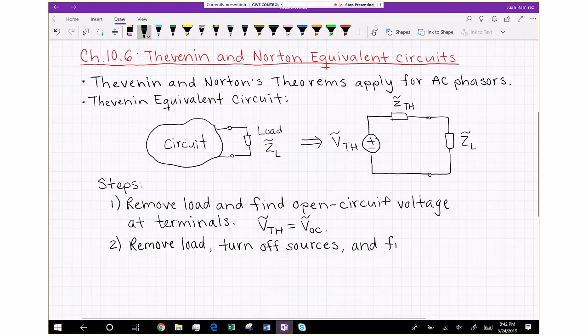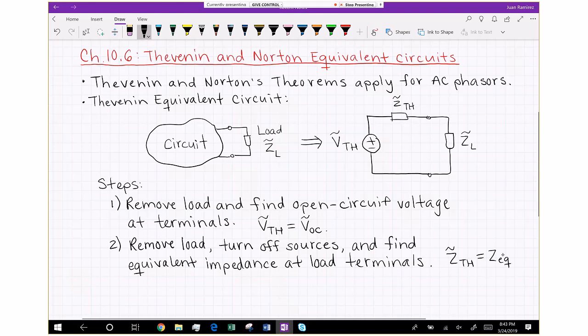And finally, you will want to find the equivalent impedance. And that is how we apply Thevenin's theorem.